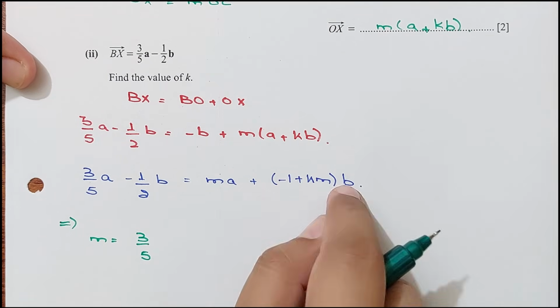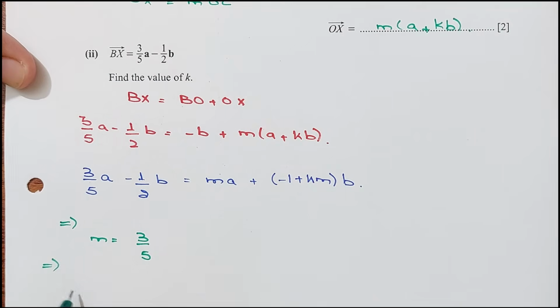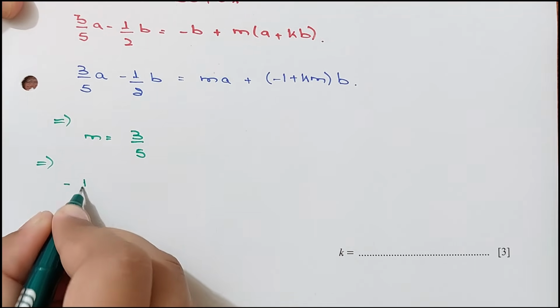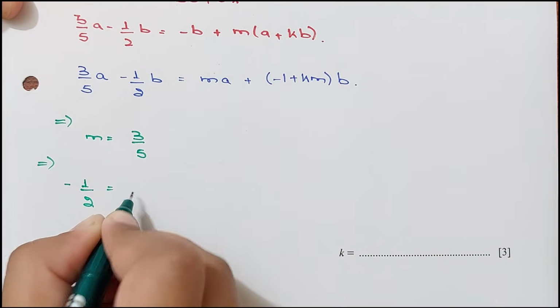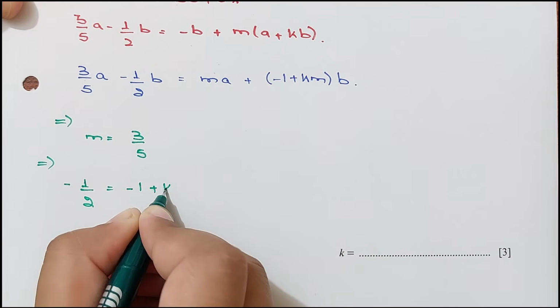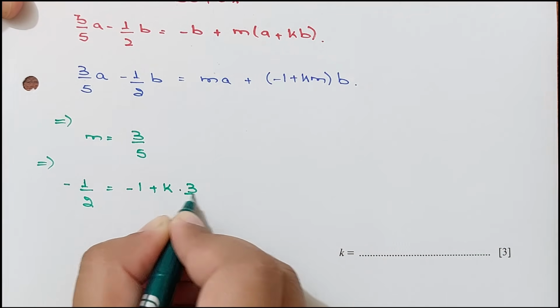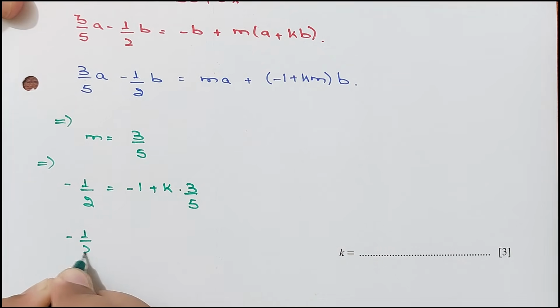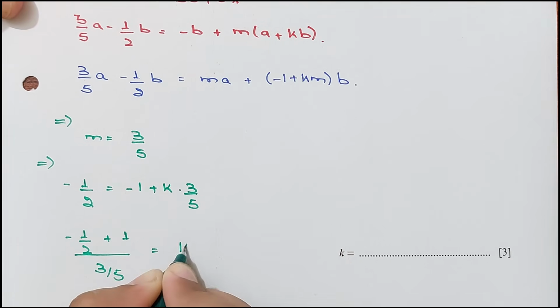Now comparing B with B, we have negative 1 by 2 equals minus 1 plus K times M, which is 3 by 5, right? So this is minus 1 by 2 plus 1 divided by 3 by 5. This is equal to the K value.